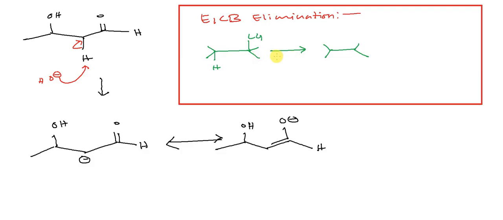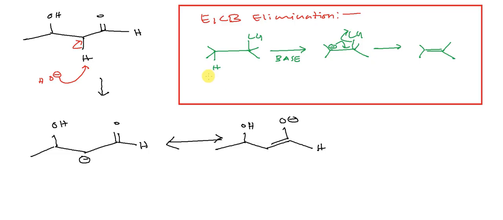In the presence of base, initially there is a formation of an anion, a carbanion. After that, this carbanion leads to the elimination of the leaving group and then double bond formation takes place. The same thing happens in this case also.